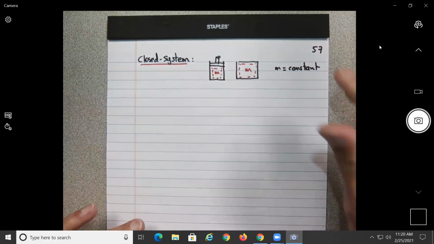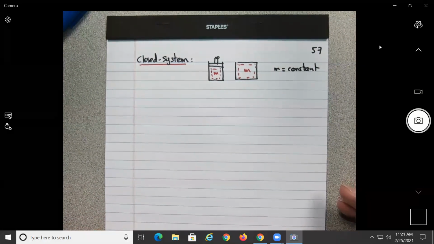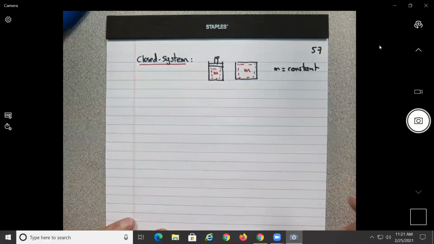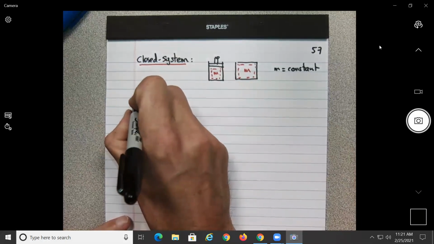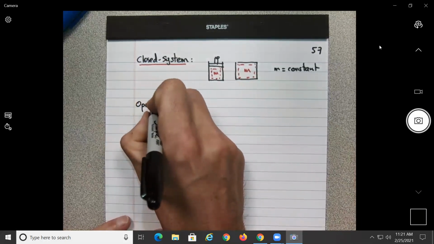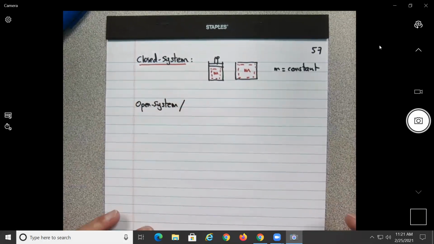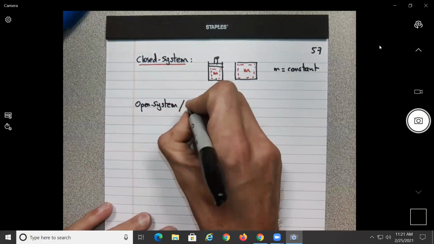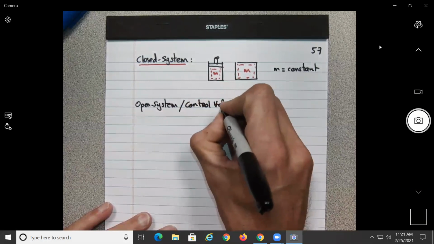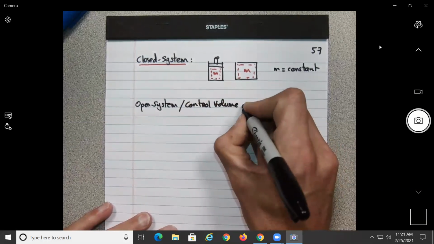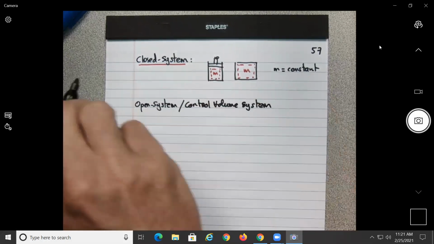So now, today, I'm going to introduce the second type of system that we have to deal with, which I like to call, in opposition to the closed system, an open system. But in textbooks, and more specifically in your textbook, they like to call these control volume systems. And you will see why. They call it control volume.